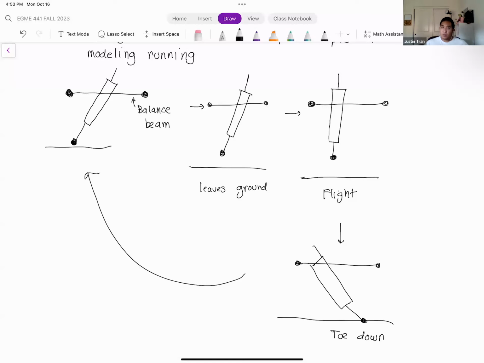So that's another really interesting model that has come from these studies.